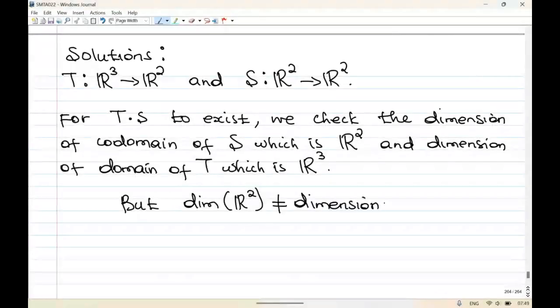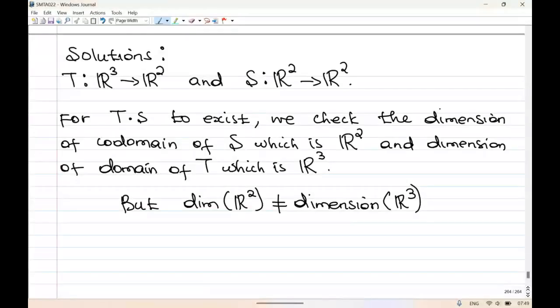I told you last week Friday that it is the same as matrices. Since the dimensions are not equal, you cannot multiply the two.